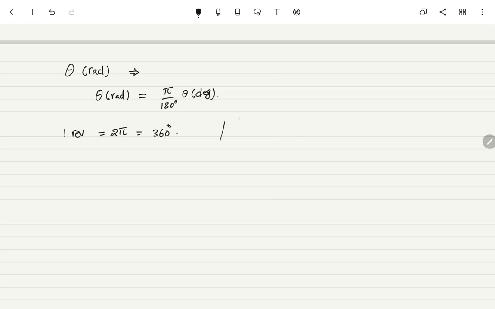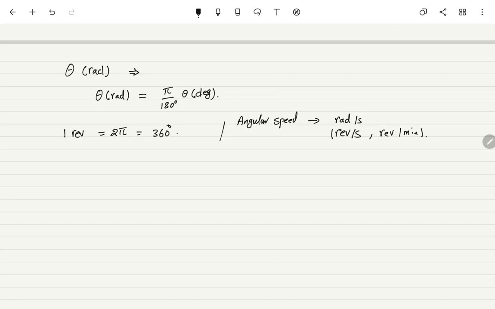Now, angular speed is measured in rad per second, or revolution per second, revolution per minute.